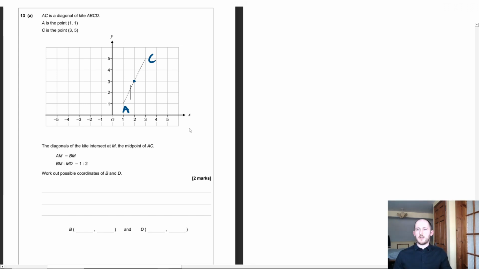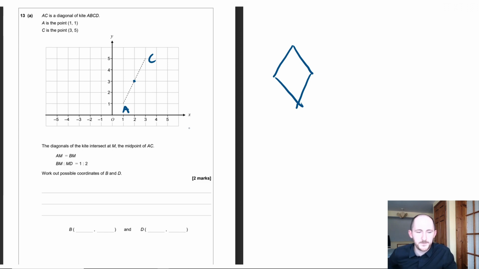Okay. So if we remember what a kite looks like... I mean, hopefully you get the gist there. What they're saying when it's talking about the diagonals intersecting at M, that's actually quite interesting. ABCD. The diagonals intersect at M. So any of these?